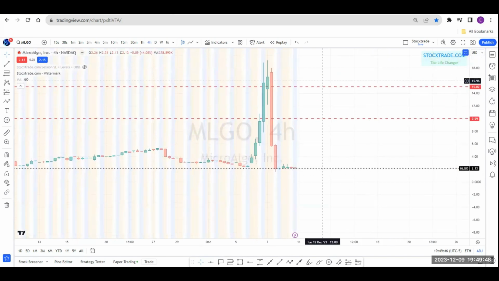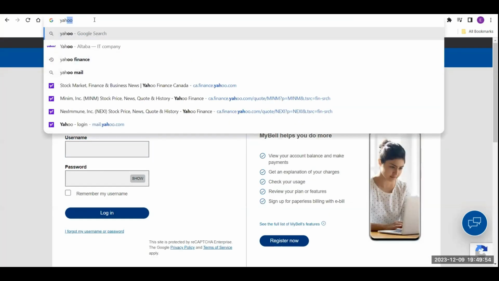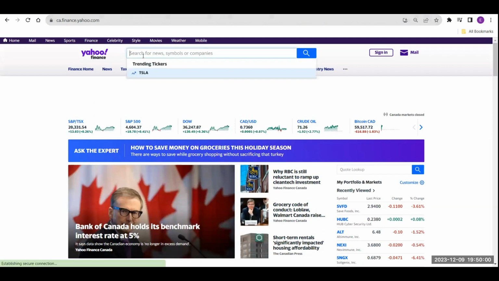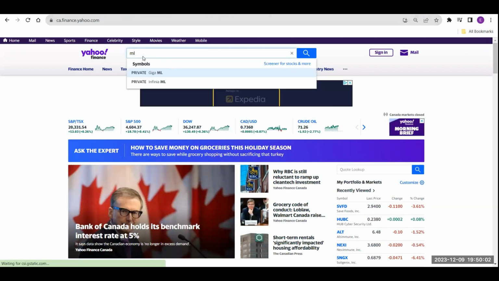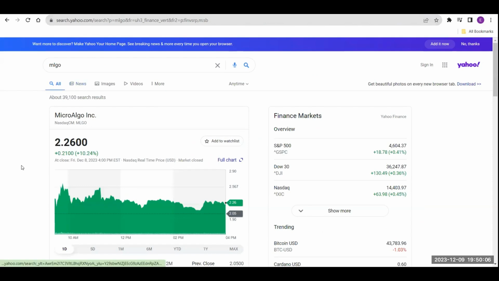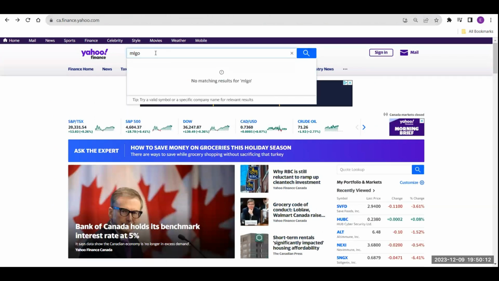And what you can do, same way, you can go to Yahoo Finance. Actually, that was our next topic, how you can filter out the momentum stocks. MLGO, yeah. Why is it not coming here?